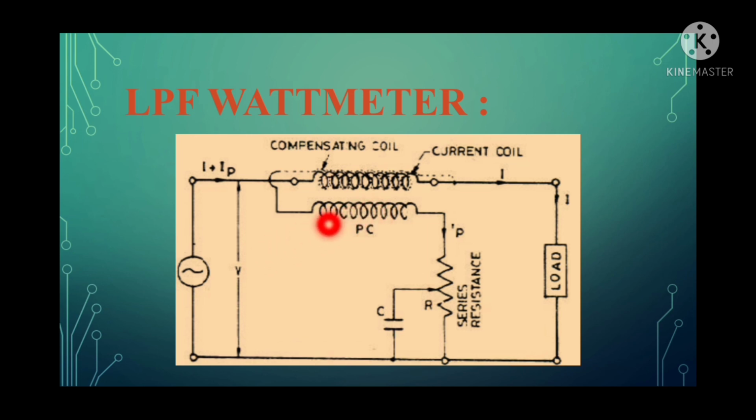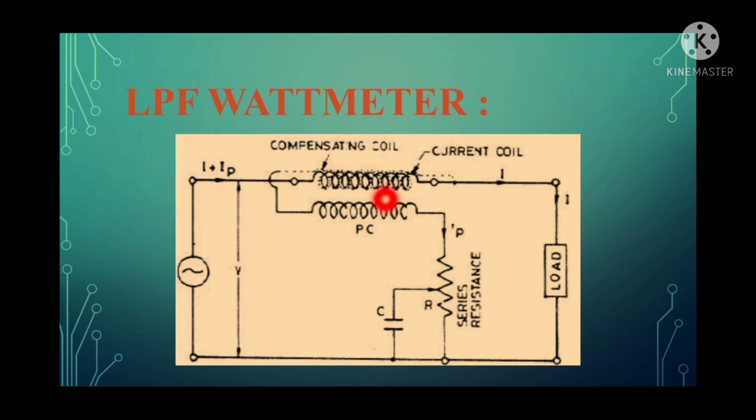So here, the presence of pressure coil inductance creates error. So that error is eliminated by connecting a capacitor in parallel with a portion of this resistor. And since we reduce the value of resistance of this pressure coil, the current through this coil will be high. So due to the high value of current in this pressure coil, it gets damaged.